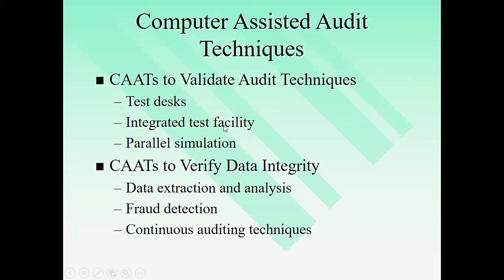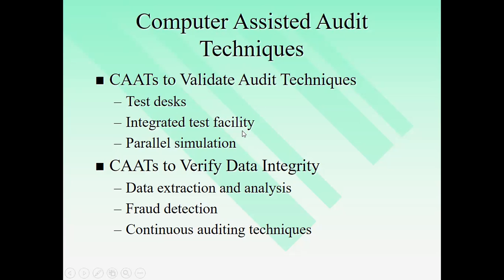If we say integrated test facility or ITF, this is where we are going to place a simulated or fictional or auditor-made transaction into the system that is live, just to check if that particular facility or accounting system is working as intended, effectively and efficiently.